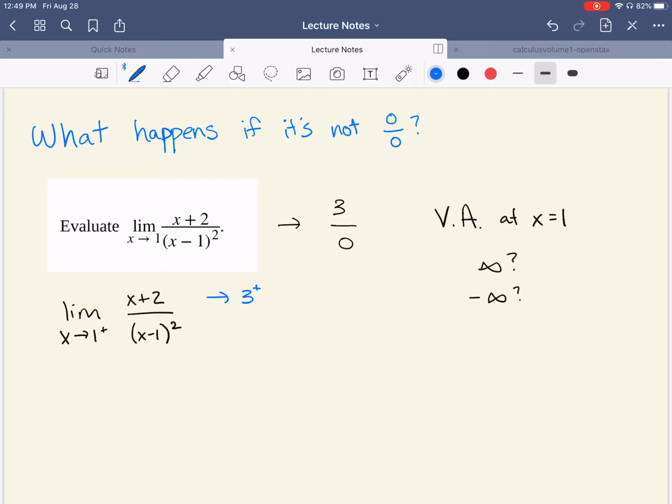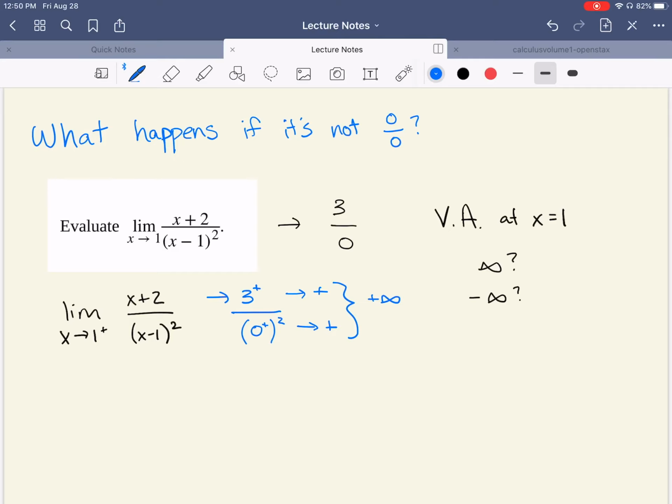What's happening in the denominator, if you plug in values that are slightly more than 1, like if you plug in 1.1, you'll see that it's approaching 0 from the right side. Okay, so if I plug in 1.1 minus 1, I get 0.1, a very small number, so it's approaching 0 from the right side, and then that's being squared. So if you think about it, the numerator is positive, and the denominator is positive, and putting these together, we'll see that it goes towards positive infinity, right?